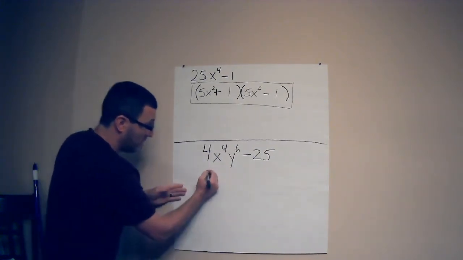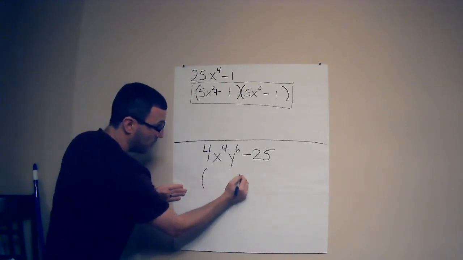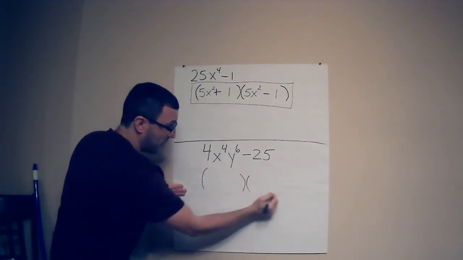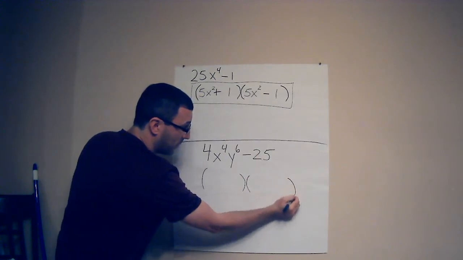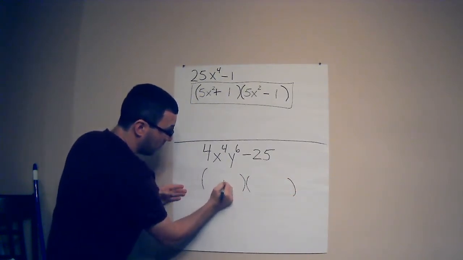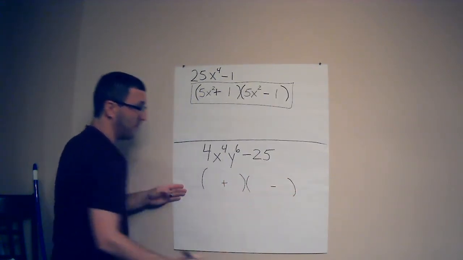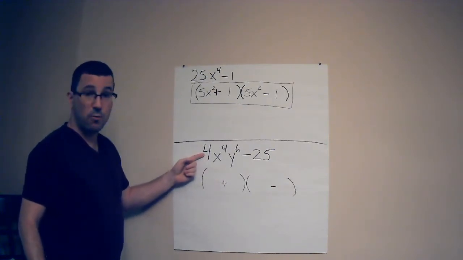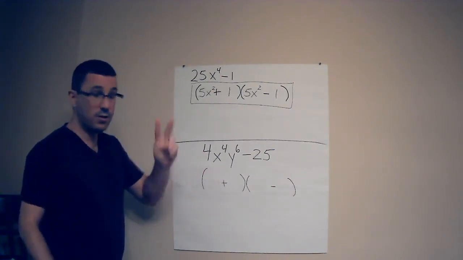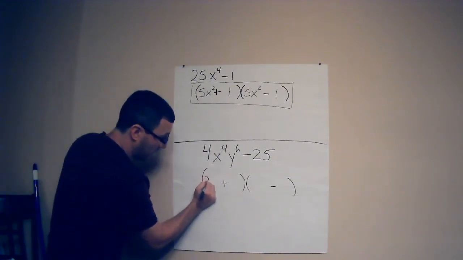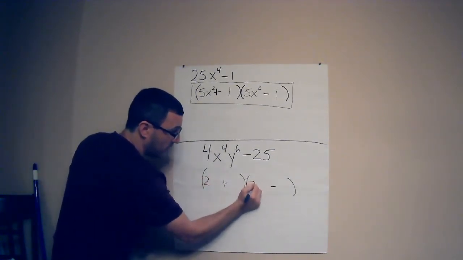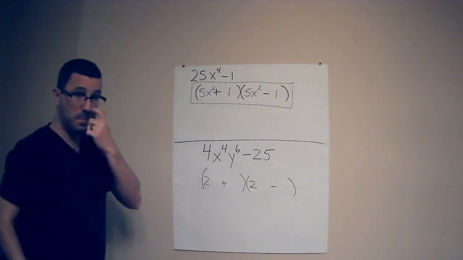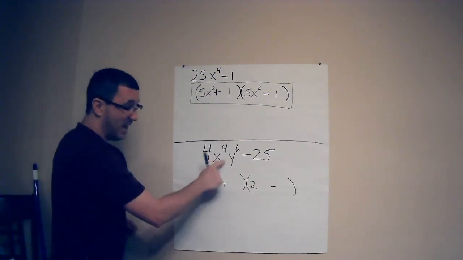So I'm going to draw my parentheses, plus, minus, start taking it step by step. Square root of 4 is 2. So I'm going to put that towards the front of each parentheses. I've got x, I've got y.